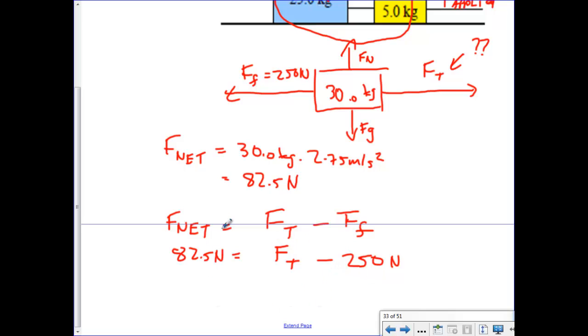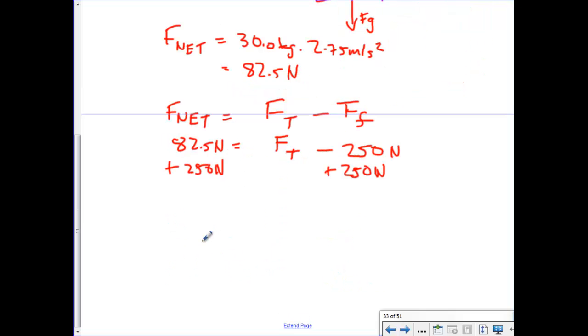Add the 250. By the way, if you don't want to show your work quite like this, and you get it, and you just want to add the number, I'm fine with that too. But this would be a good proof as to why. So, add 250. You must pull this thing at 332.5 newtons.